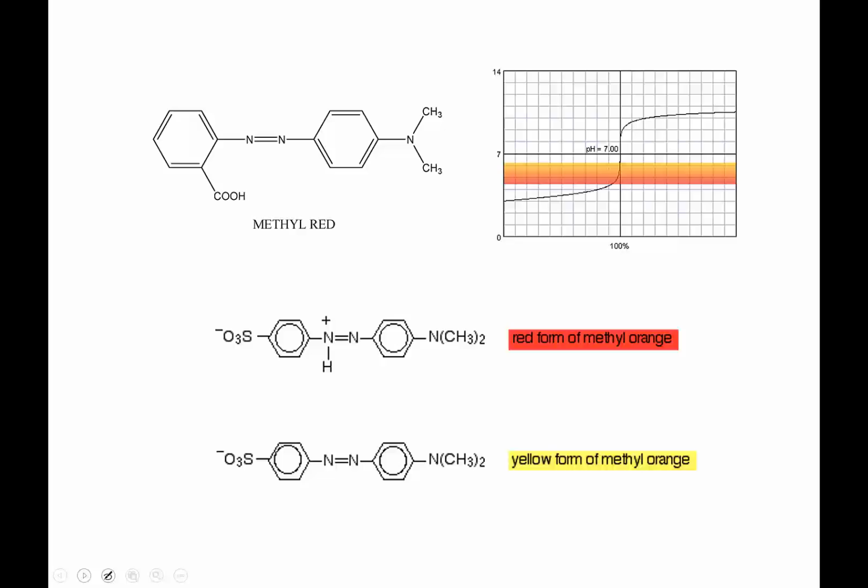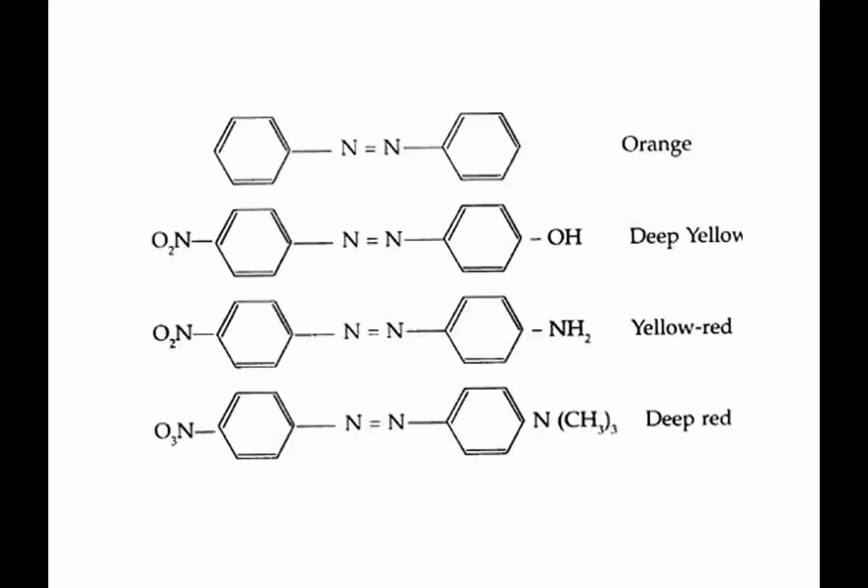And then here's how changing the groups on there will change the color. So with no groups, the diazo dye is orange. Then if you put a nitro group and an OH, it'll be yellow, deep yellow, yellow red if you replace the OH with an NH, and then deep red when you replace it with two methyl groups.